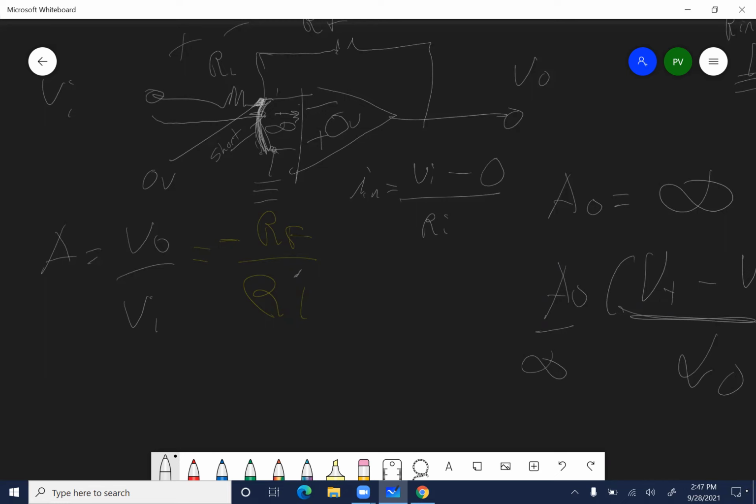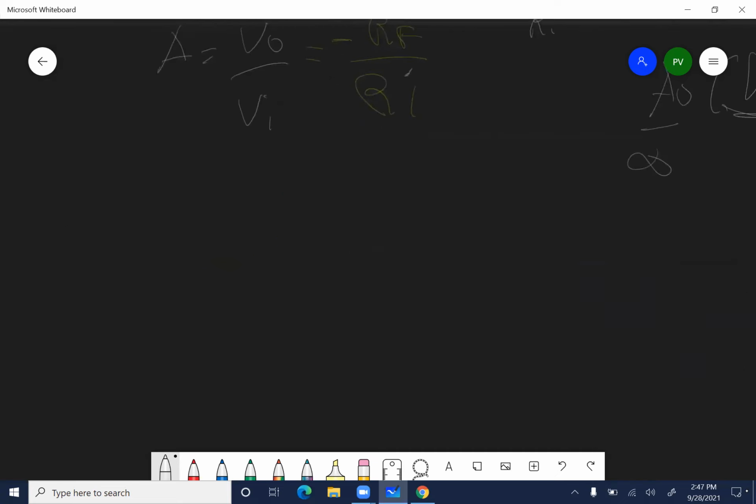So this current IN has to equal the current that heads through IF or RF. So that's 0, the voltage on the left side, minus the voltage on the right side, which is V0, divided by RF. So your final equation becomes Vin minus 0 over Rn equals 0 minus V out over RF.